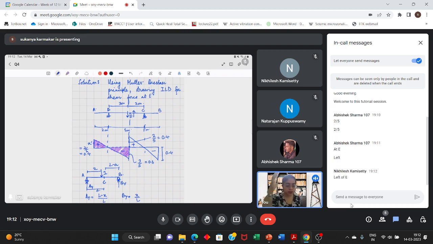Yes, it should be to the left of E, because how do you calculate a response from an influence line diagram? Again, I'm reiterating it. You multiply the value of the load with the ordinate. Since it's a point load, you take the point value of the load and multiply it with the ordinate which you get from the influence line diagram. So it should be placed on the left of E.